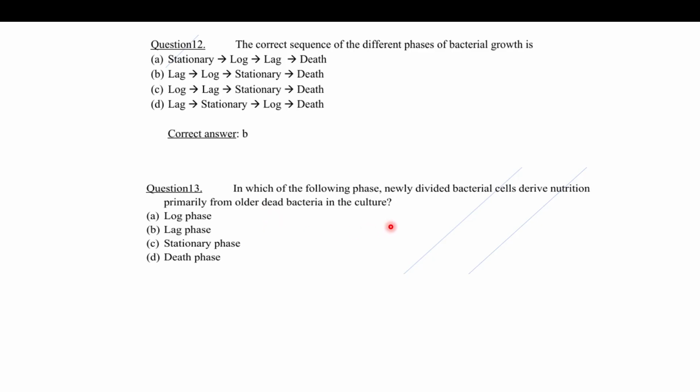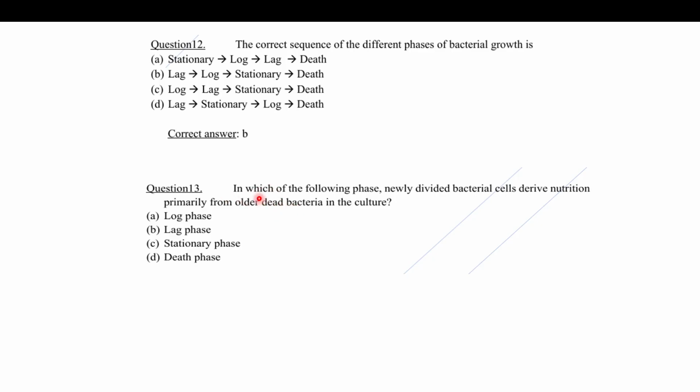The newly divided bacterial cells can replenish their nutrient requirement from older dead bacterial cells, but only up to a certain point, because after that you will have a death phase where even the nutrients from the dead bacterial cells are not enough for the newly divided cells.